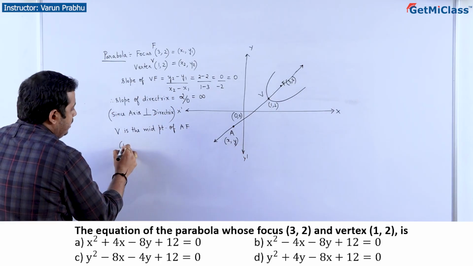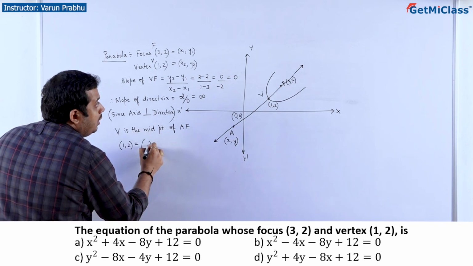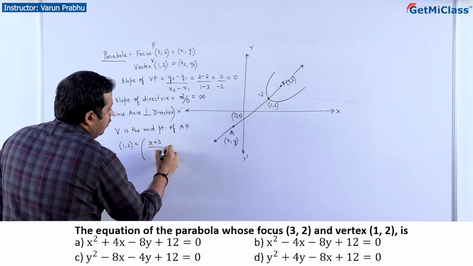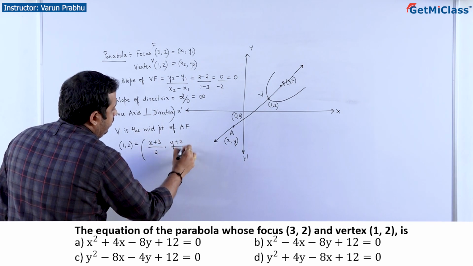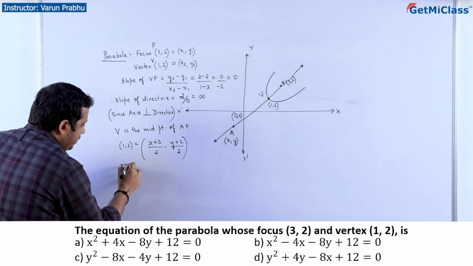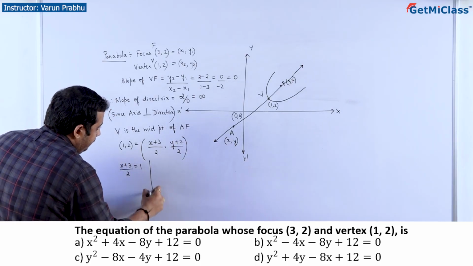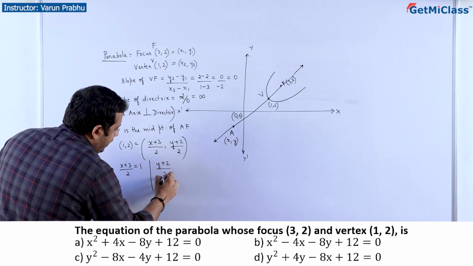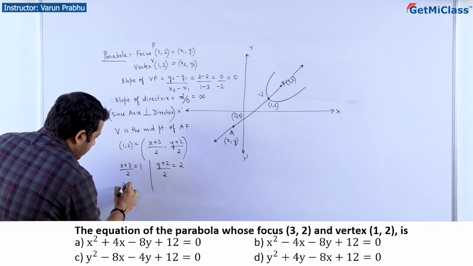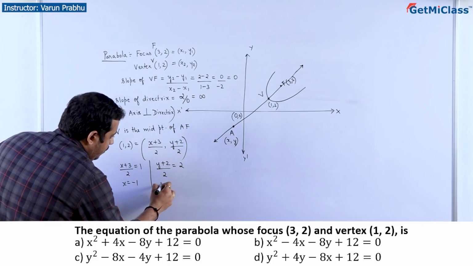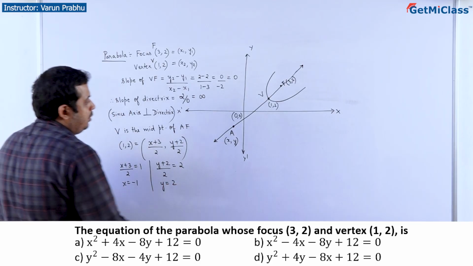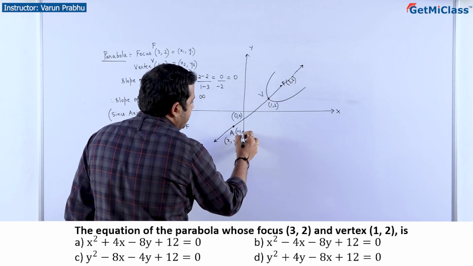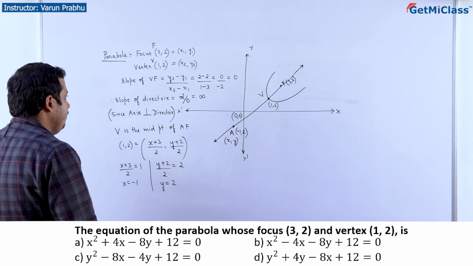So I can say V, which is 1, 2, is equal to x plus 3 divided by 2, y plus 2 divided by 2. So x plus 3 divided by 2 is equal to 1 and y plus 2 divided by 2 is equal to 2. So x is equal to minus 1 and y is equal to 2, correct or not? So the point through which the directrix passes is minus 1, 2.